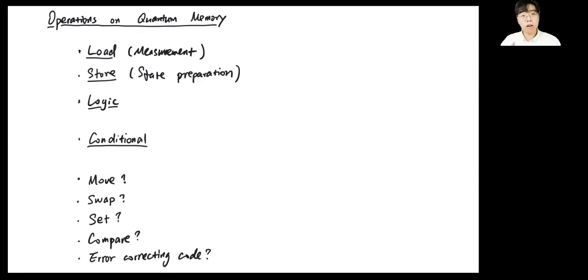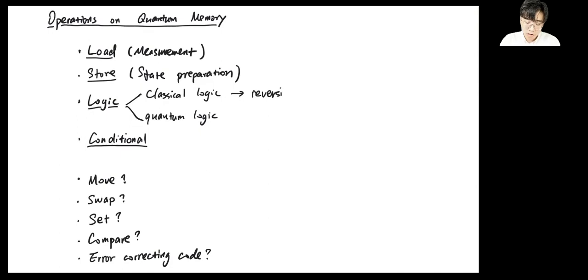Now, when we talk about logic on quantum memory, I want to distinguish two types of logic, namely classical logic from quantum logic. Yes, we can implement classical logic on quantum memory by applying its reversible version.